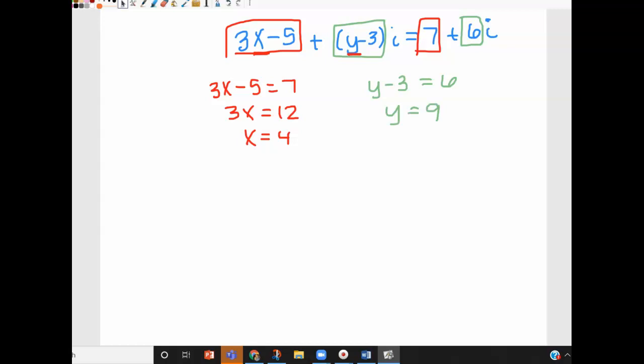So that x is 4 and y is 9. I should be able to plug 4 in for x. So you get 3 times 4 is 12. 12 minus 5 is 7. So the left side matches the right side.